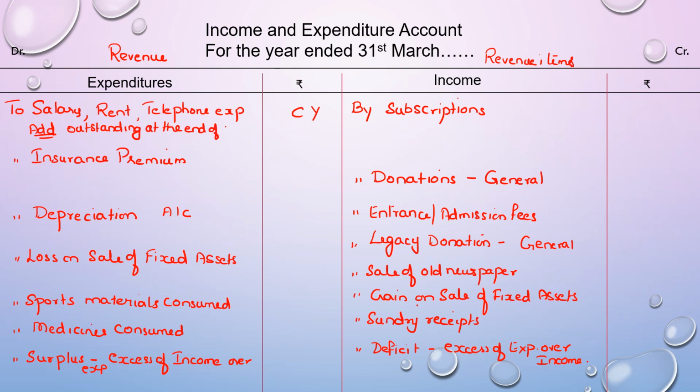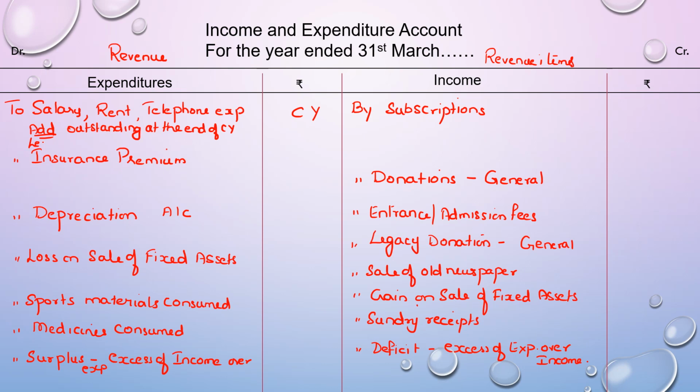Whereas whatever was outstanding at the beginning of the year is related to the previous year. Previous year it was outstanding. That is why it has come as opening outstanding. So it is related to the previous year. It would have been paid during the current year. So in the paid amount that would be included. So we'll have to remove that.